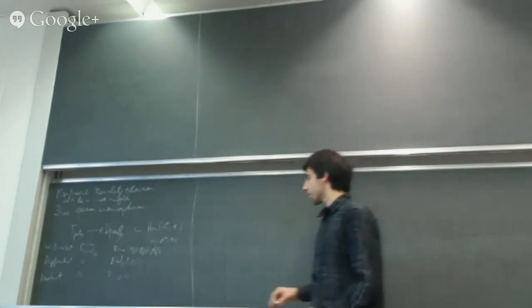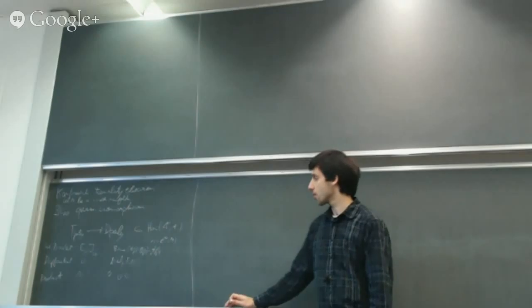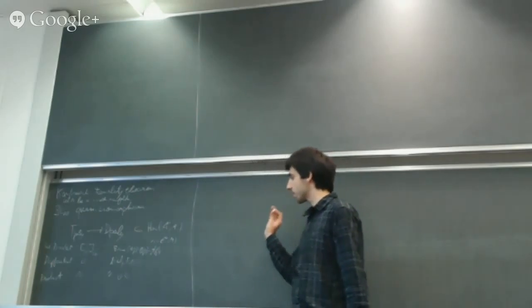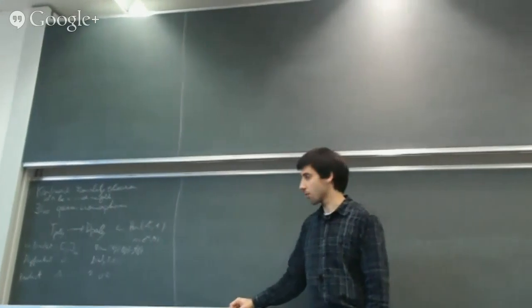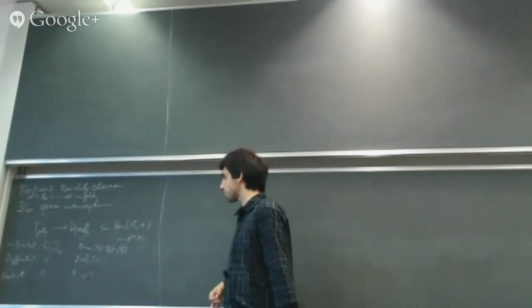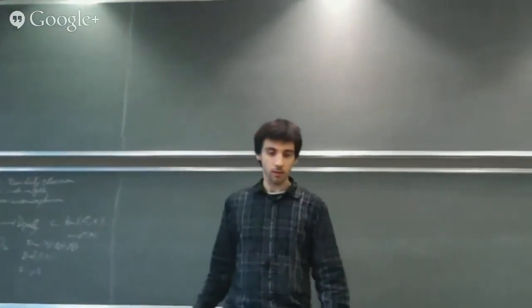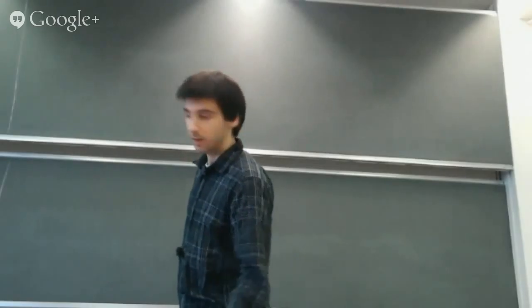And so after all this introduction to Hochschild cohomology that I did last time, I started working with this notion of operad, and today I will be talking about operads. So let's just recall more or less what the definitions were.